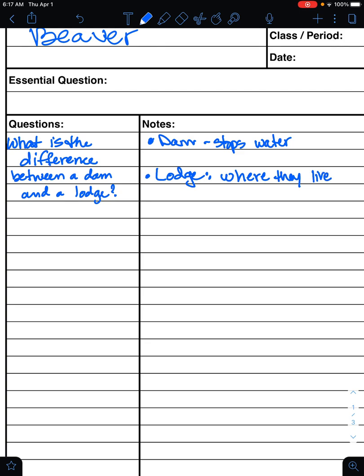Then you could talk more about cutting. How do they cut the logs?